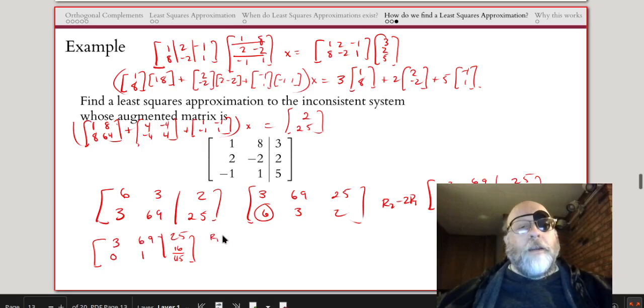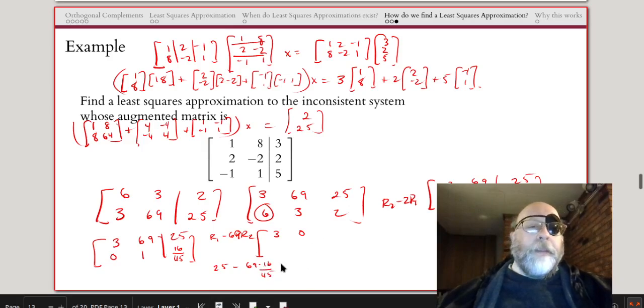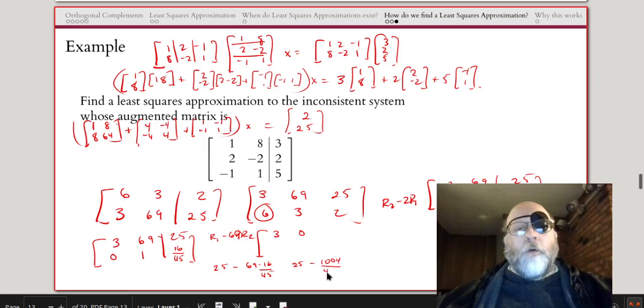So row 1 minus 69 row 2 is going to give me 3, 0, and then this last term is going to be 25 minus 69 times 16 over 45. 69 times 16 is going to be 1104. So that's 25 minus 1104 over 45.